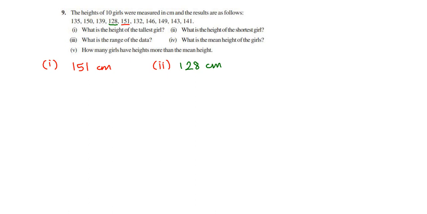In the third part we are finding the range of the data, and we know range is the highest observation minus the lowest observation. So range of this data will be 151 minus 128. On subtraction we will get the answer as 23 centimeter. So 23 centimeter is the range of this data.